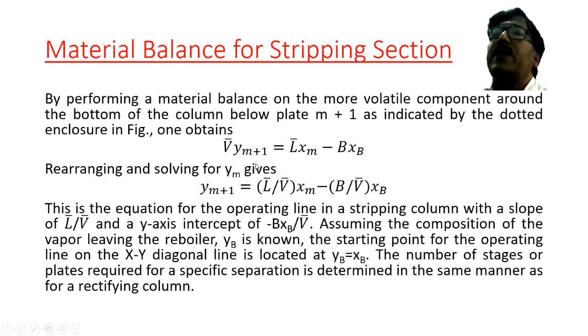If we do the material balance for the high volatile component, we get a similar type of equation. Here also this ratio L by V is constant for a particular distillation operation, and this one is also constant. So this is also the equation of a straight line with negative intercept, and this line will pass through the point XB, the purity of the bottom product.